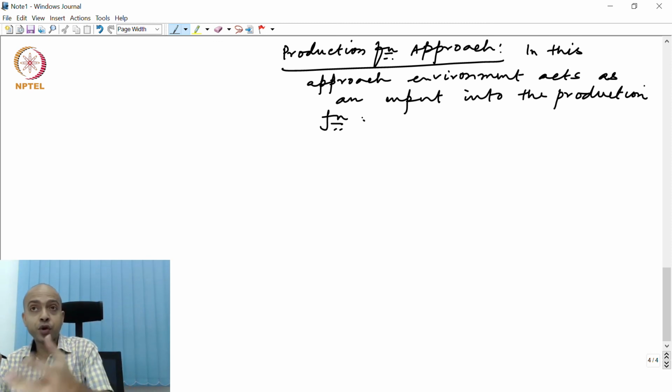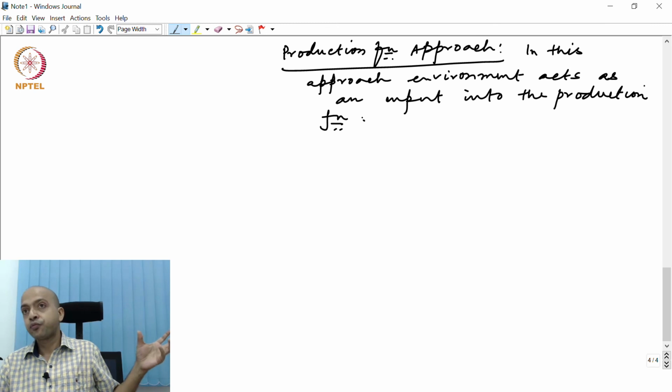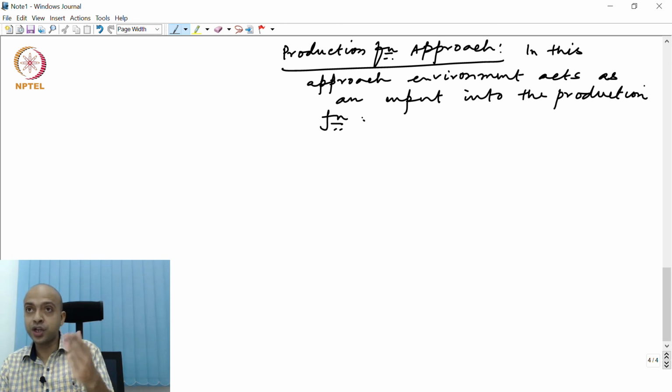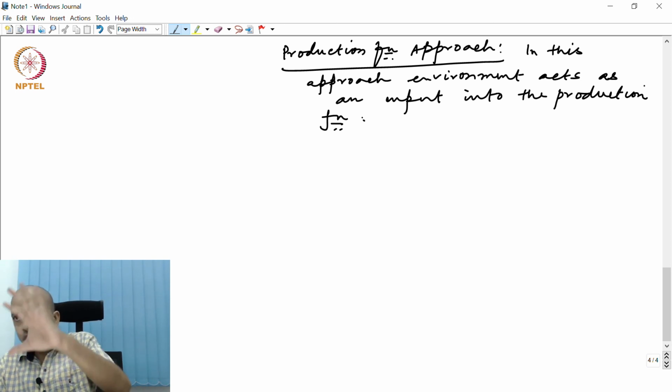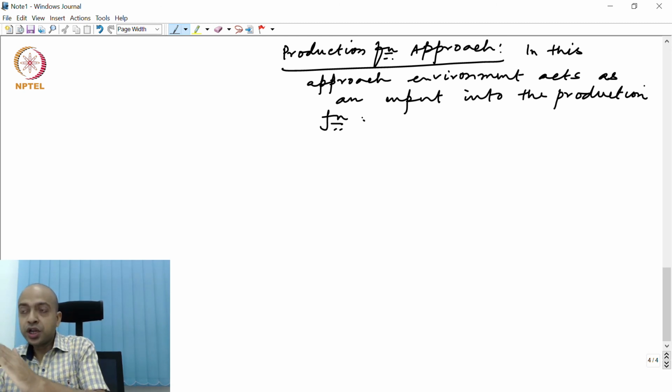It may so happen that the production function approach captures only a fraction of the total economic value, while the stated preference approach captures the entire total economic value. So there is a difference across these approaches in terms of the proportion of total economic value they can capture.